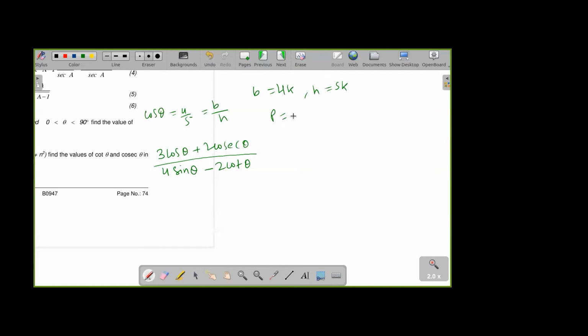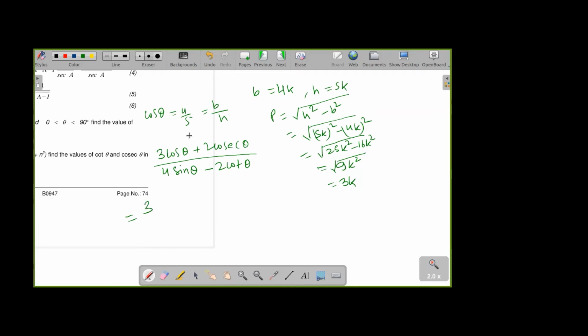According to Pythagoras, it will be root over h square minus b square, so root of 5k whole square minus 4k whole square, which is 25k square minus 16k square, equal to 9k square, root, and it will be 3k. So p becomes 3k. Now this becomes easy.